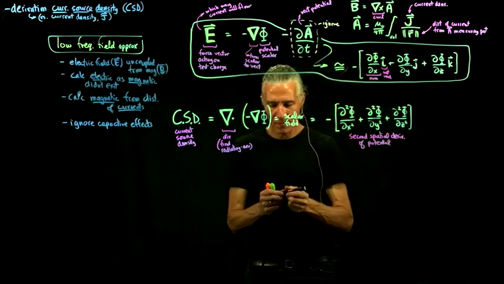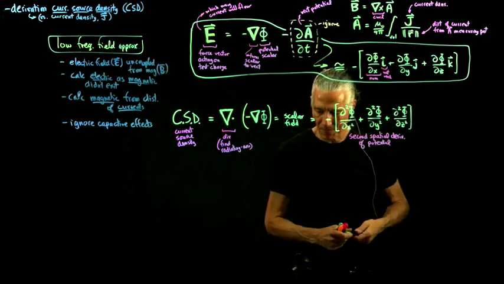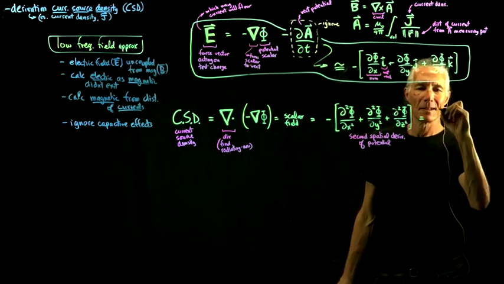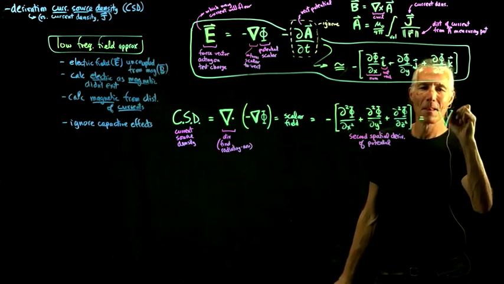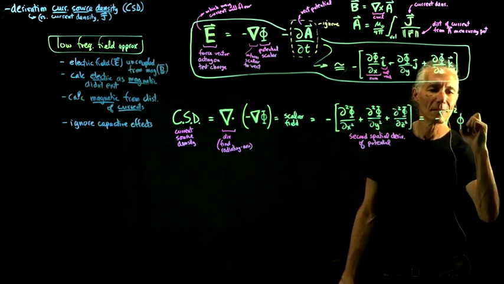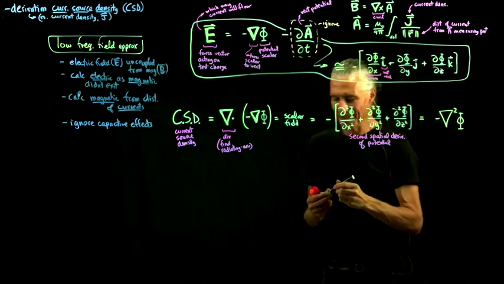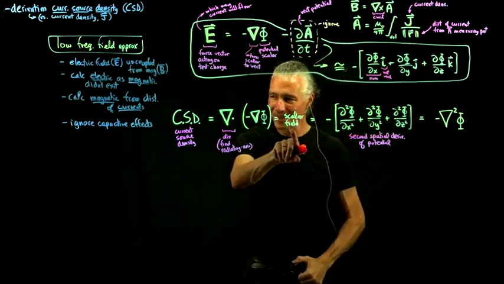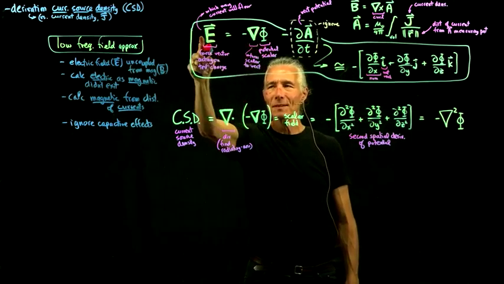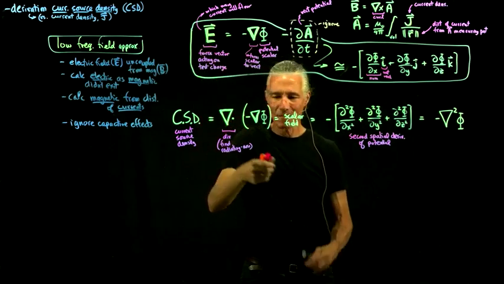That is often written in a different way: as a non-bold upside down delta squared. It's not bold anymore because this thing is a scalar field. We started with a scalar field, went to a vector field, and then went back to a scalar field.